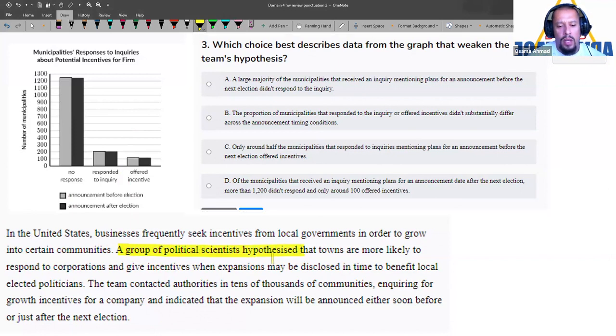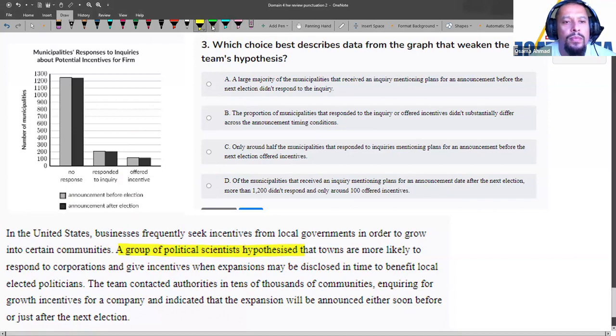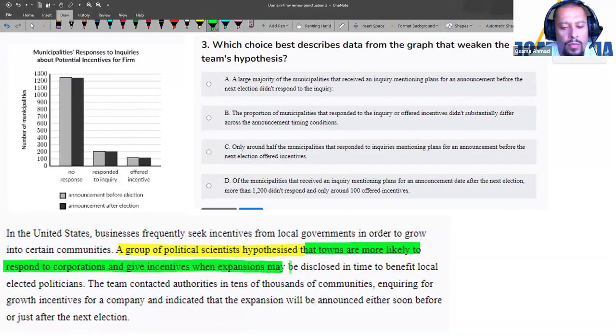A group of political scientists hypothesized. What did they hypothesize? That towns are more likely to respond to cooperation and give incentives when expansions may be disclosed and the time to benefit local delegated politicians. What does that mean? Give it to me in your own words.